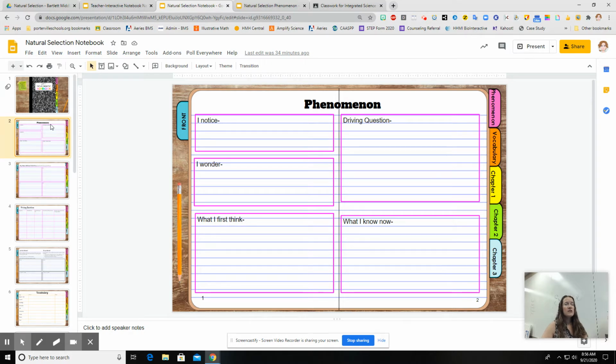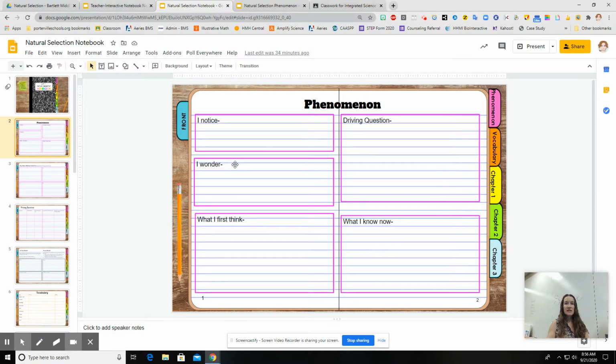In class, we would be doing this together. I would assign you your slide, and you're going to look at it. And as you look at it, you're going to come up with an I notice statement. It's just going to start out, I notice that, and then you fill in the blank about whatever that happens to be. Then you're going to come up with an I wonder statement.